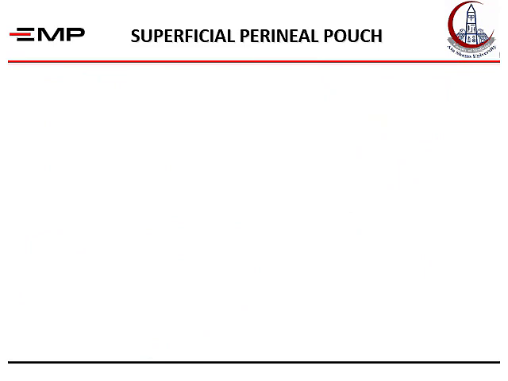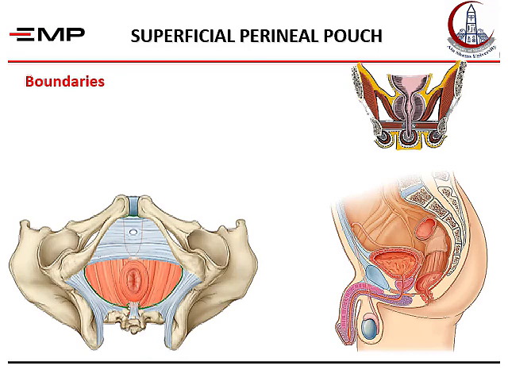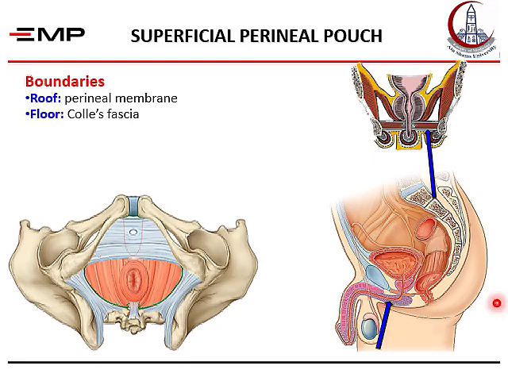Now we'll talk about the superficial perineal pouch. Here it is. Its boundaries are: its roof is made by the perineal membrane. Its floor is made by superficial fascia called Colles fascia. On the side there is the pubic arch.